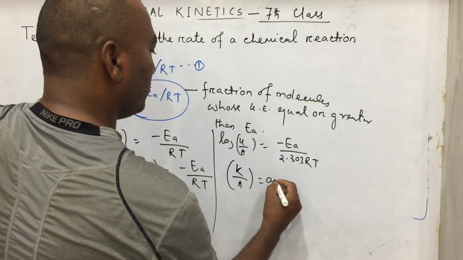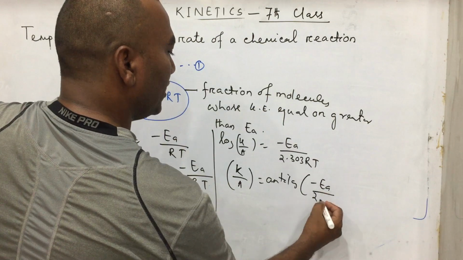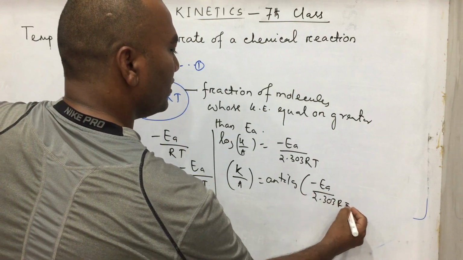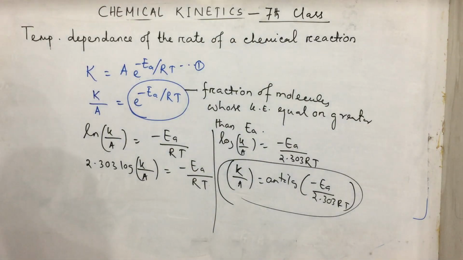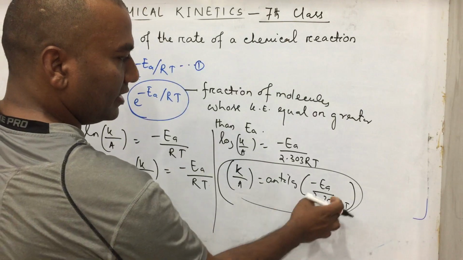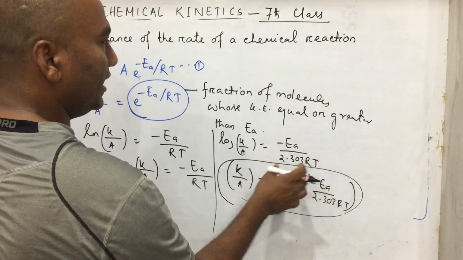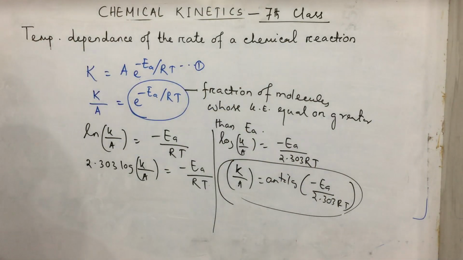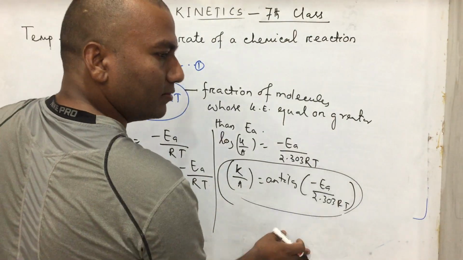Now k by A equals antilog of minus Ea divided by 2.303 RT. So this is the expression. Okay, so in the numerical, if R value is given, T value is given, activation energy value is given, and we are asked to find the fraction of molecules whose kinetic energy is equal to or greater than activation energy, so directly we calculate the antilog of this value.